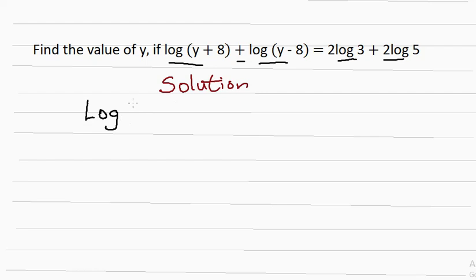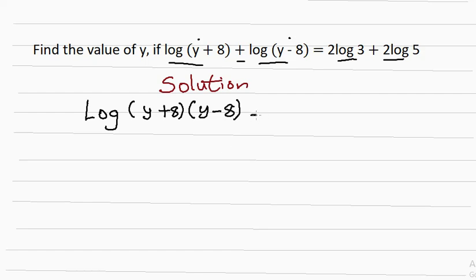This is the same as log of y plus 8, multiplied by y minus 8. Don't forget you need to write only one log. Then you multiply the logarithm: multiply this and multiply this. The same thing now.